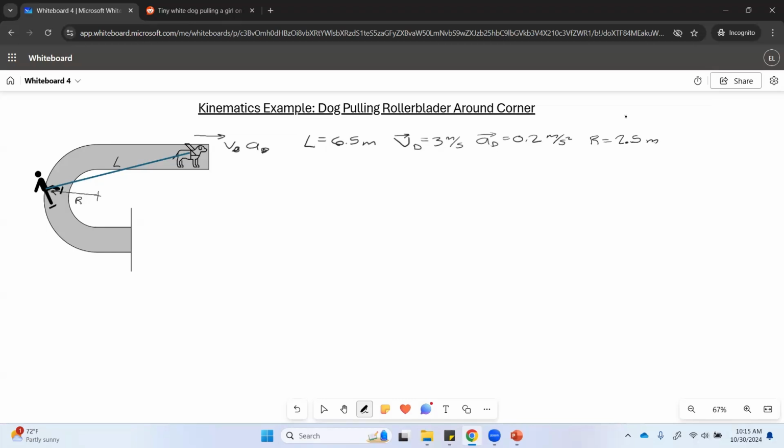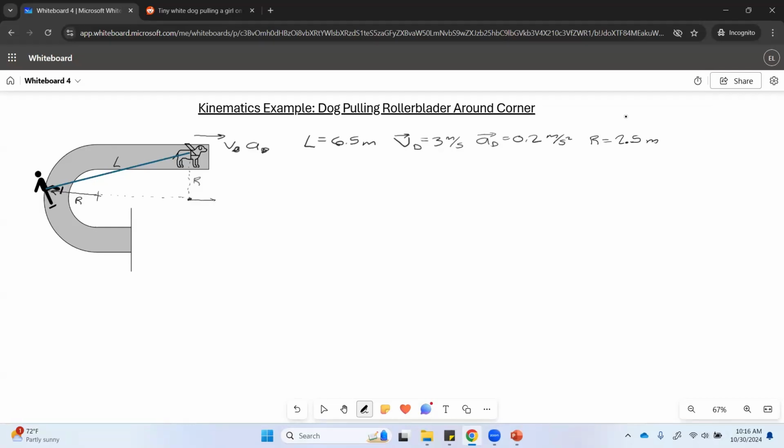Okay, so if we extend that, we can make a right triangle here. So we know that this distance here is also R. And we know L. So we can find the horizontal distance between the dog and the person as well as the vertical distance. And let's just put our coordinate frame here.